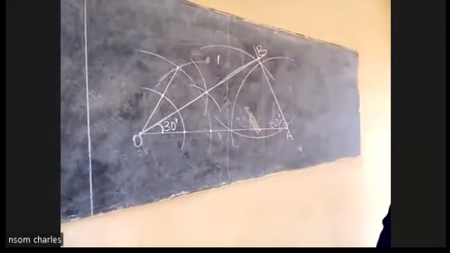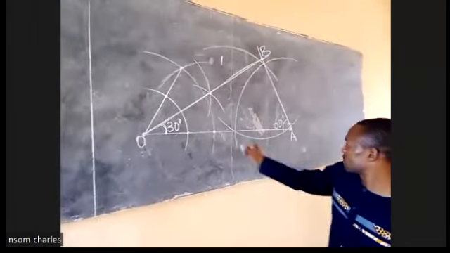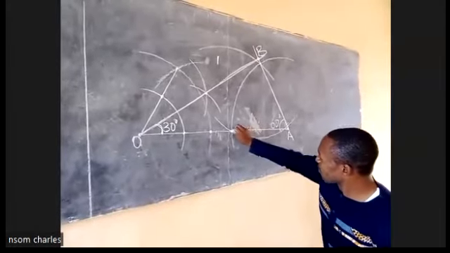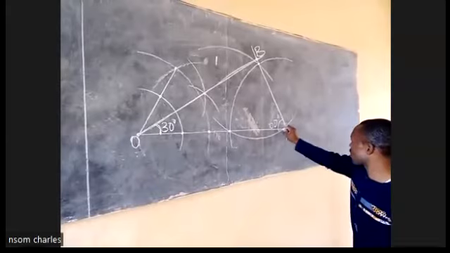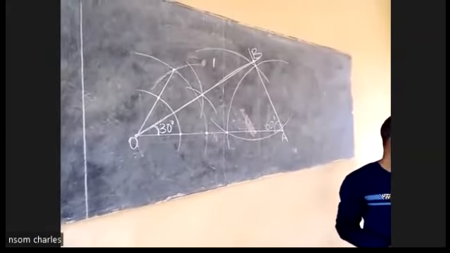Identify our 2 points of intersection. This is 1 point, and this is the other point, right?